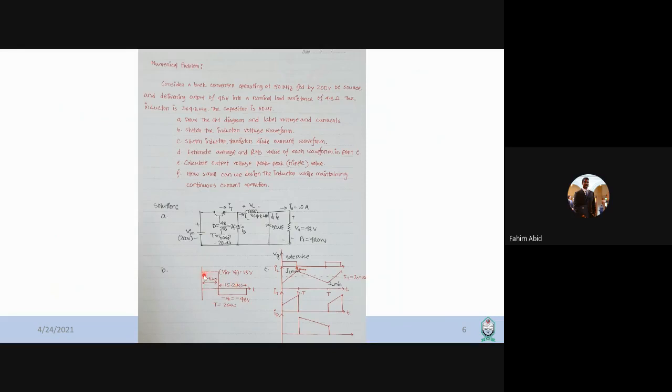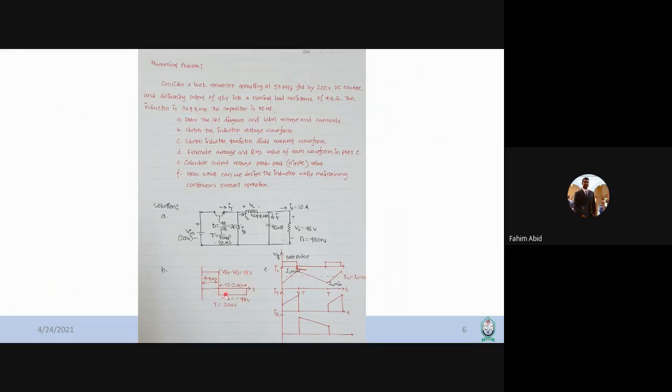During the on time, the voltage VL is going to be Vin minus Vout. I think I made a mistake here. It's not going to be 15 volt, it's going to be 152 volt. So there's a mistake I made here.